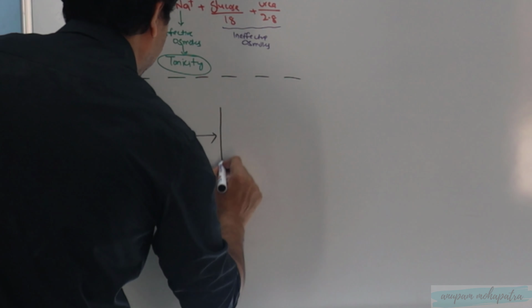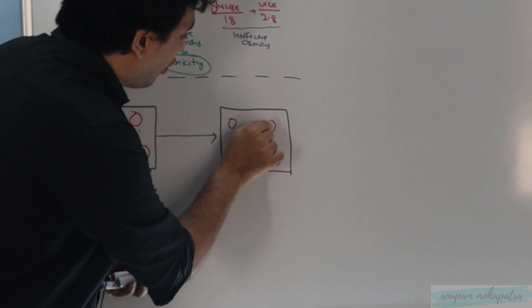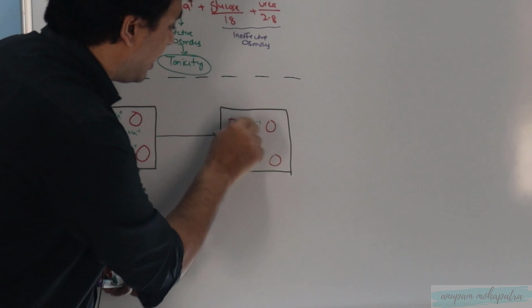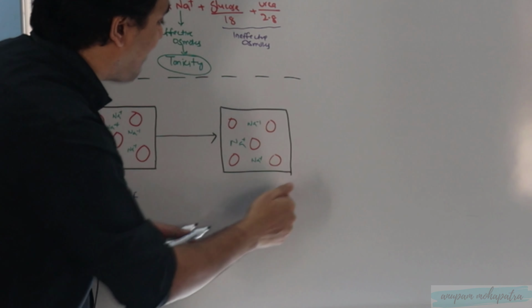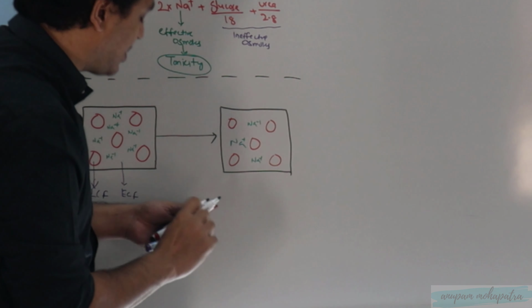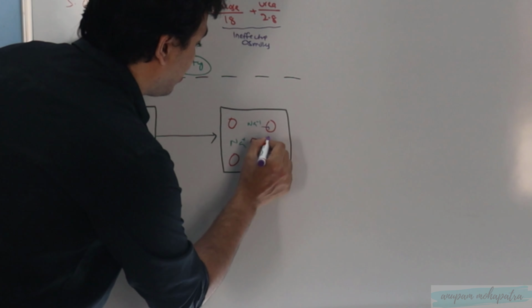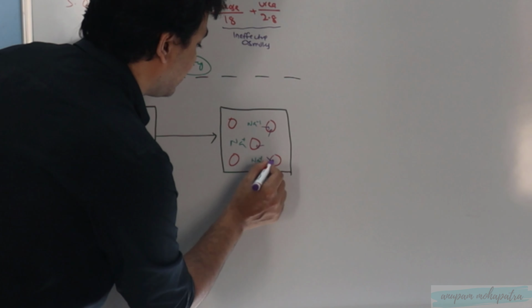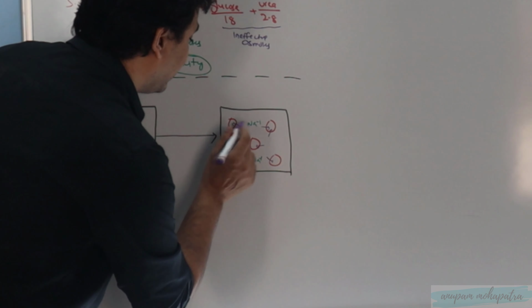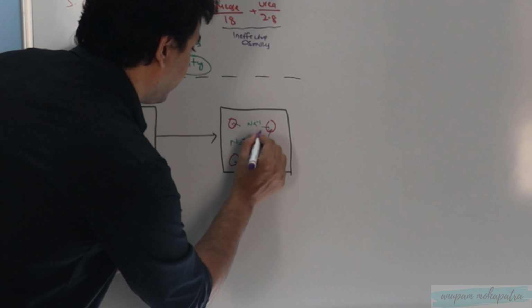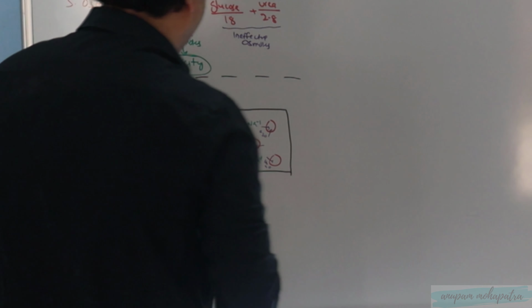The outside solution is now hypotonic because there is less sodium, and the inside of the cell becomes more hypertonic in comparison to the outside. So to maintain the balance, water from outside will go inside to try to balance, because when the inside of the cell becomes dilute, the concentration both inside and outside will become equal. So water will go inside. Now when water goes inside, what will happen?